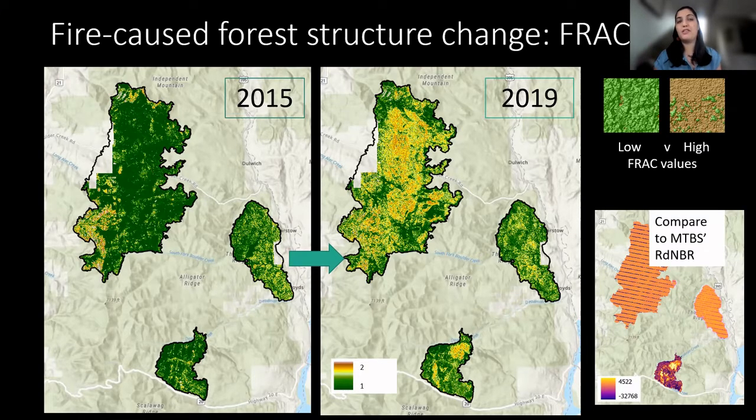And so I was thinking to myself, well, if you wanted to do a quick visual analysis of where there might be high severity fire, looking at post-fire frac coming from DAP might be a useful way to do so. And another reason I have that map up is because the Graves Mountain fire there on the bottom came from Landsat 8, not Landsat 7, so it's actually a good RDNBR map.